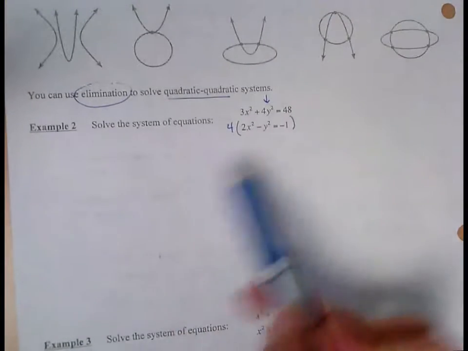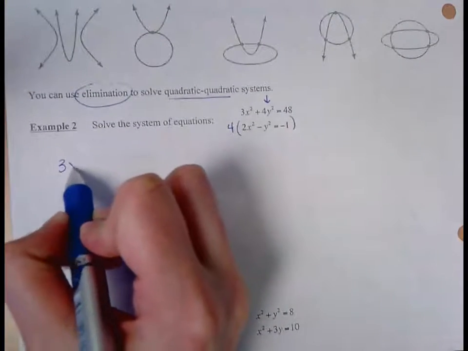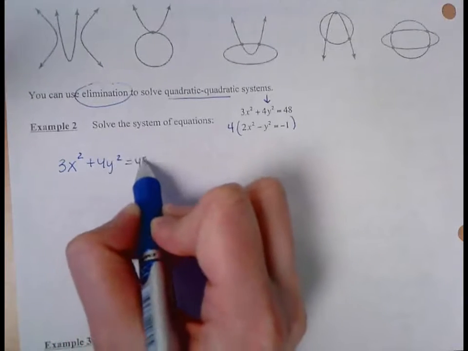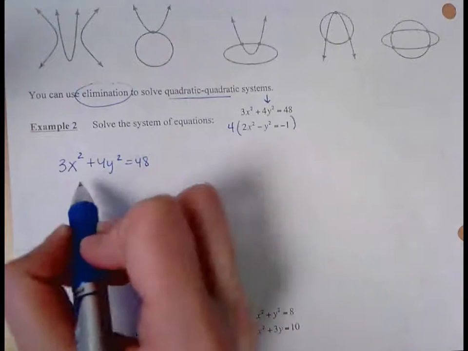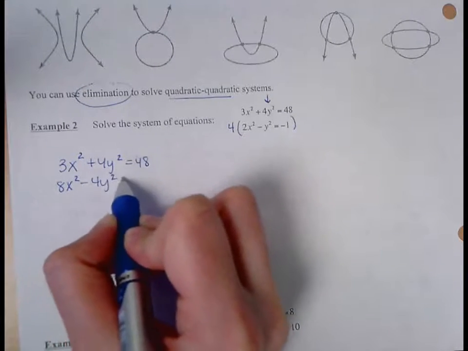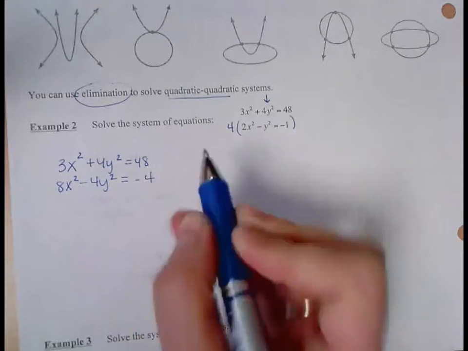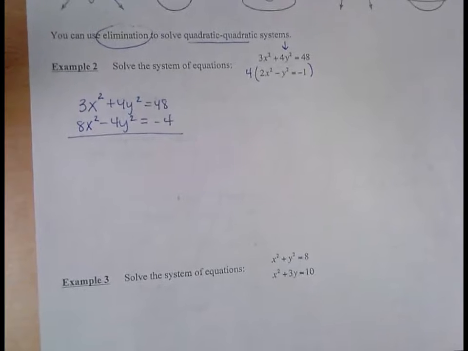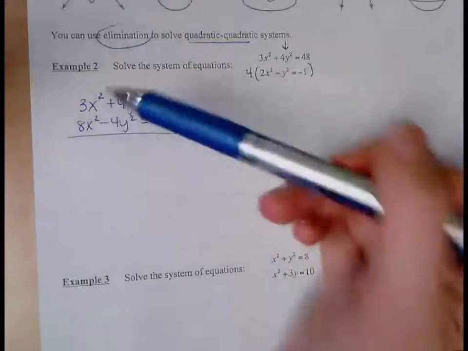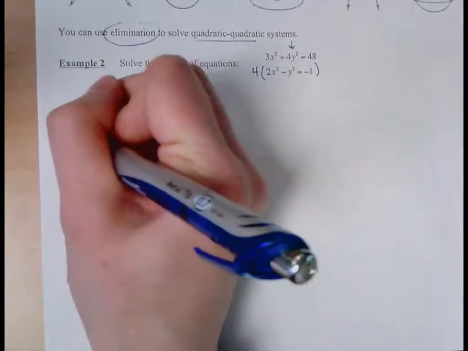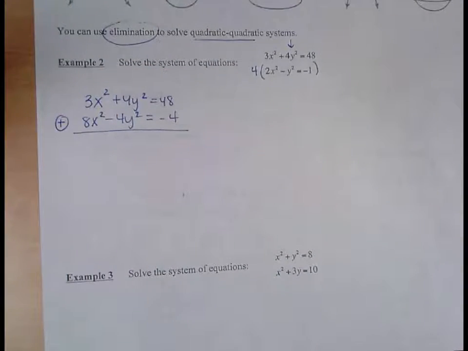So I'm just going to rewrite this here. I'm going to rewrite the top equation. And then the bottom equation would become 8x squared minus 4y squared equals negative 4. And then you have to think about what you have to do to get them to be eliminated. Because I do have opposite coefficients, one's positive, one's negative, they equal 0 if I add them together.